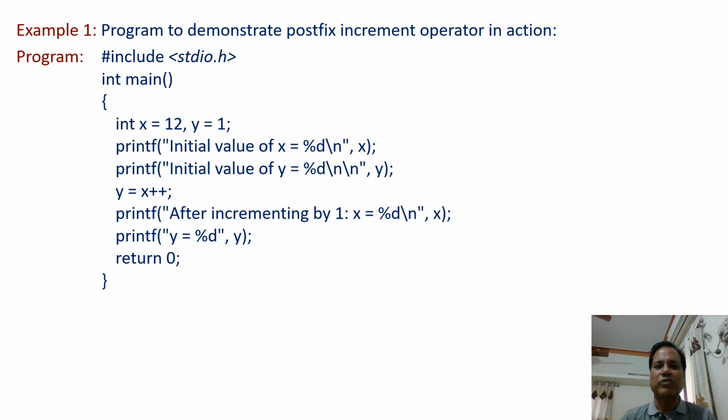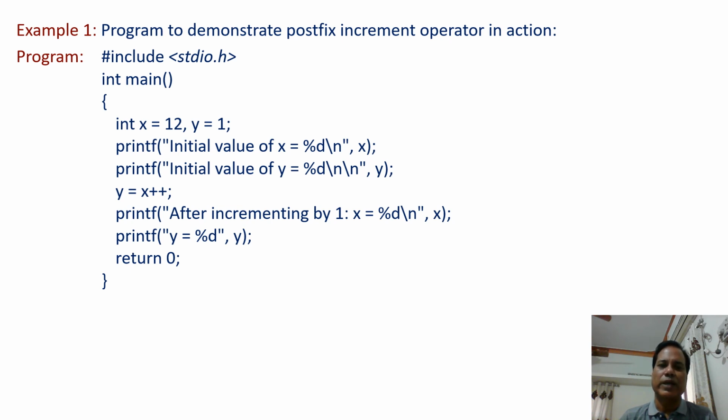So after execution of this statement, the values of x and y are printed. Naturally, after incrementing by 1, the value of x is going to be 13, but what would be the value of y? It is the initial value of x, because y is assigned a value before incrementing the value of x.